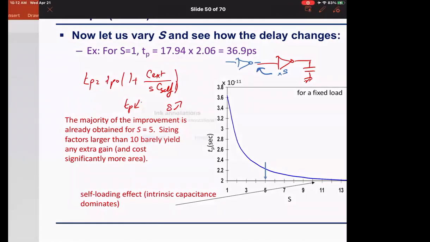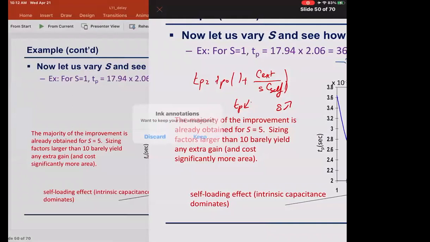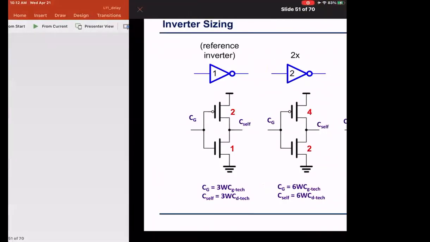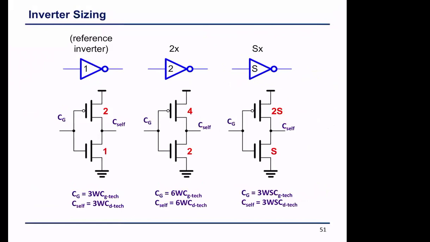Great. So let us see now how we size a chain of inverters. But first, let us look at these basic concepts. If I have an inverter with a 2-to-1 ratio, meaning minimum size, 1x, then the gate capacitance of this inverter is going to be 2W plus 1W times CG, so that is 3W CG technology.